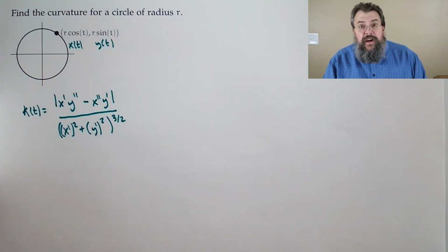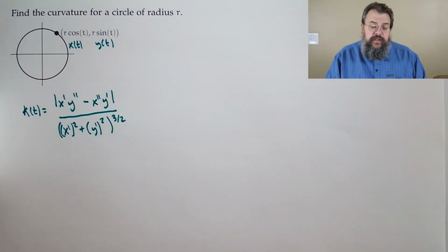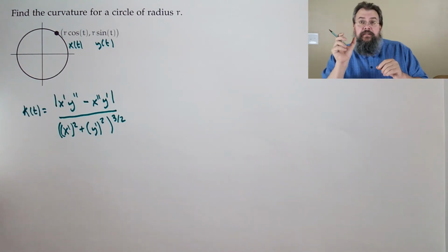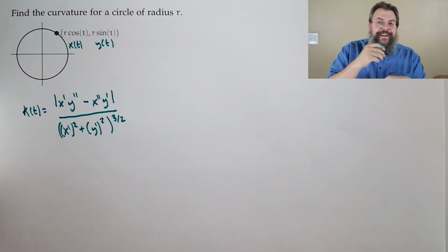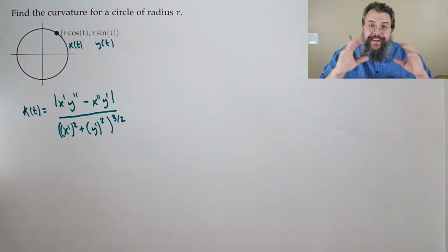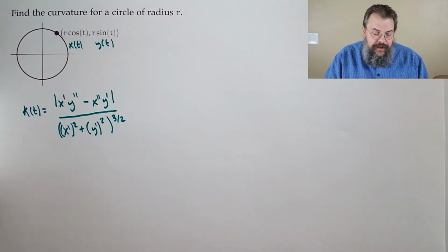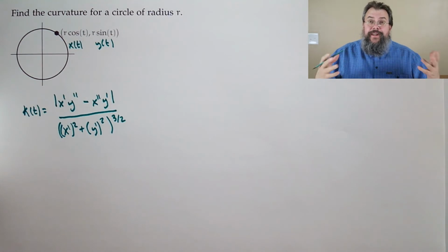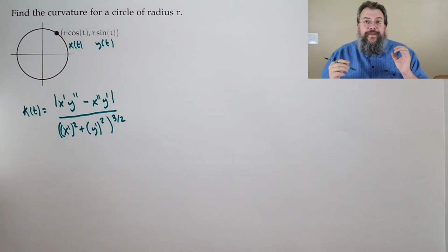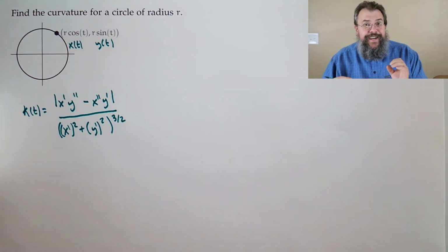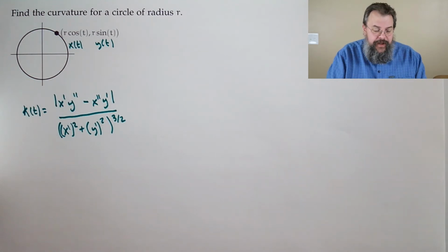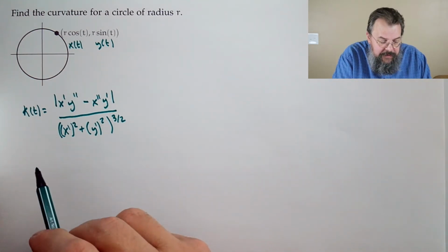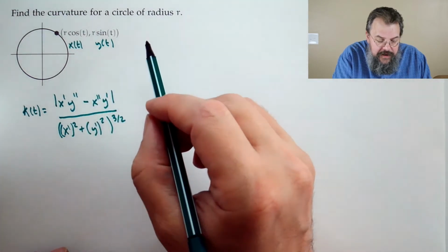It's very quick to rederive this if you don't remember it. Just think of it as really saying you have x prime, y prime, 0, x double prime, y double prime, 0, and then you just go through it. It's not so bad. But our point here isn't to derive this formula. Our point is, let's see what pops out, because our goal is to say, is there really a circle connection? Let's figure it out.